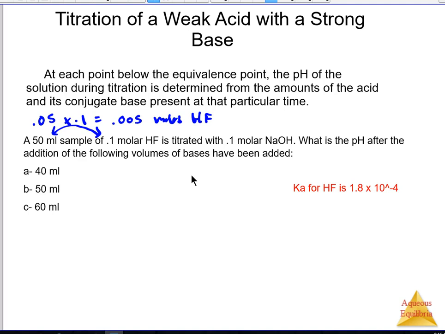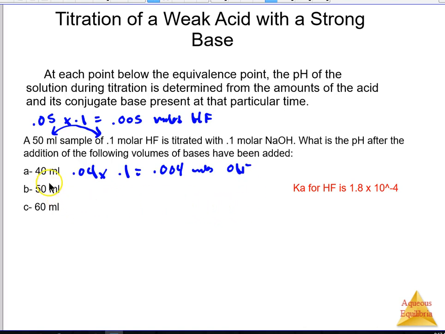Okay? So the next thing to do for each one of these, and let's just do them all while we're here, is to find the moles of base that I would be adding. Is that fair? So I have 40 milliliters, which is 0.04 times 0.1. So that's 0.004 moles of OH minus. Okay with that?